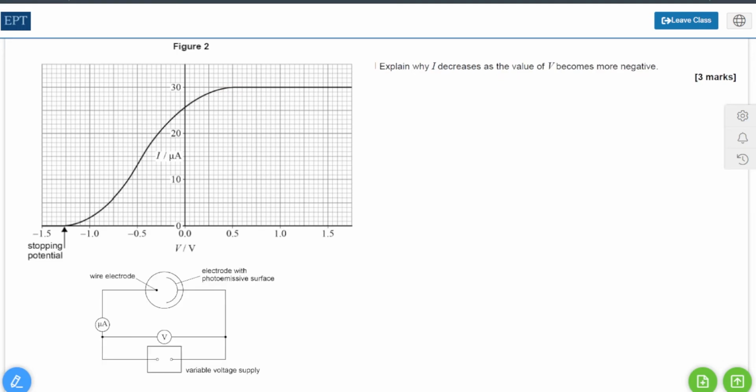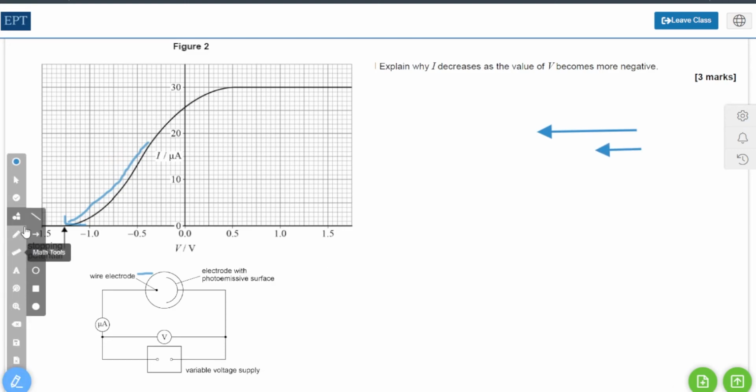Lastly then, we have to explain why it is that if the wire electrode on the left is made negative, as we increase the value of that negative, so the current reduces eventually down to 0. Once again, this depends on the fact that our electrons are being emitted with a range of kinetic energies. So here's one with a lot of kinetic energy and one with not so much. If you think about it, of course the wire electrode is going to be physically enormous compared to the electron.